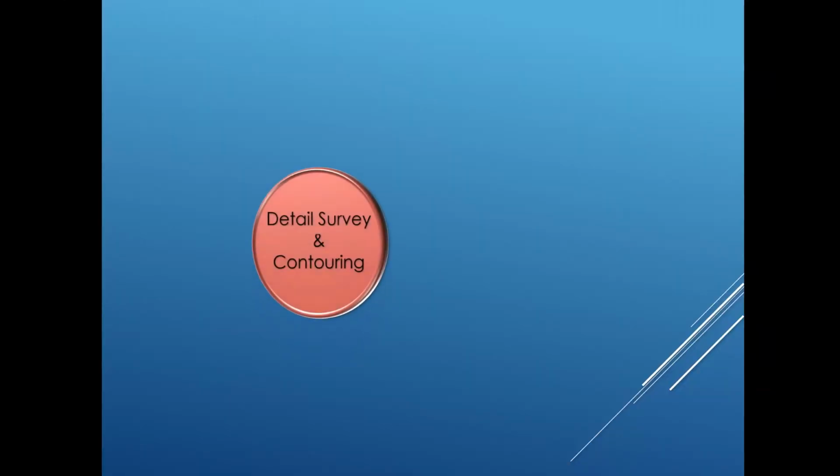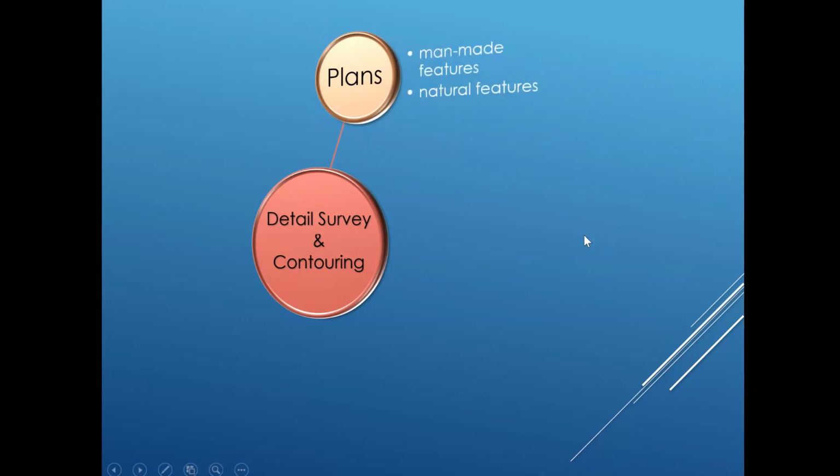Okay, now detail survey and contouring. What we're looking at is basically about producing plans. And when we produce a plan, we'll be including features or details, either man-made features or natural features.